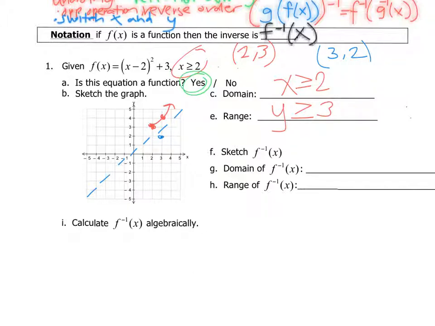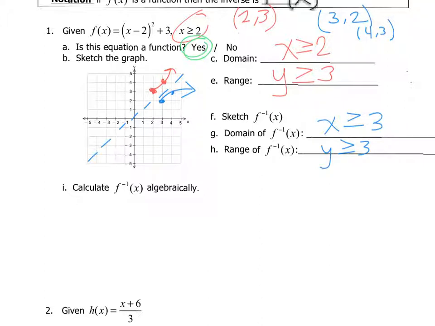That's going to be the start of my inverse. And then I can look at my next coordinate point, which was 3, 4, and I can graph 4, 3. I just switch those x and y coordinates, and it looks like this. That's the inverse. The domain now becomes x is greater than or equal to 3. And our range now is y is greater than or equal to 3.